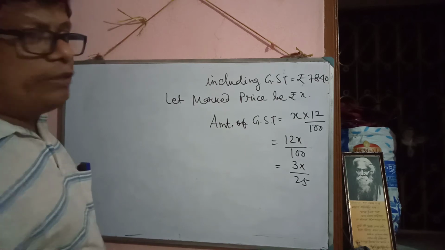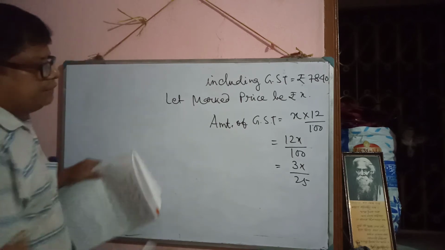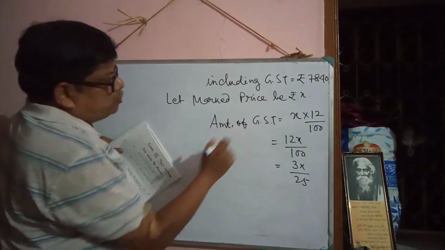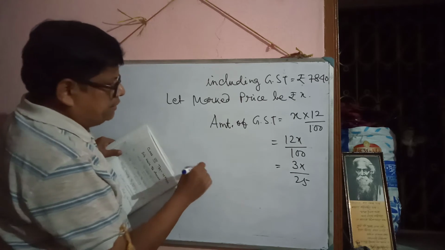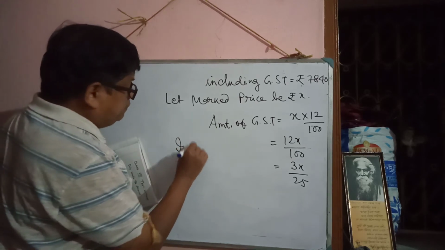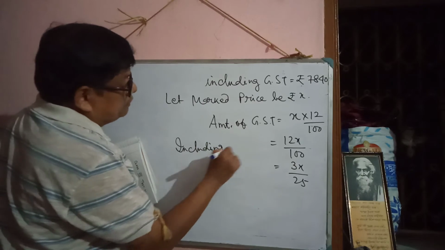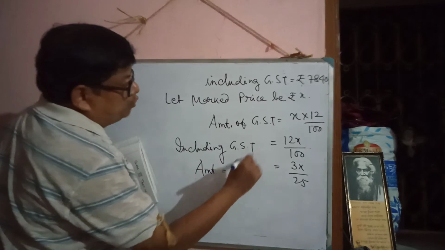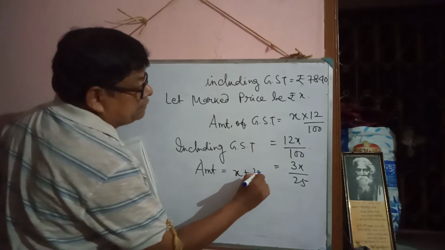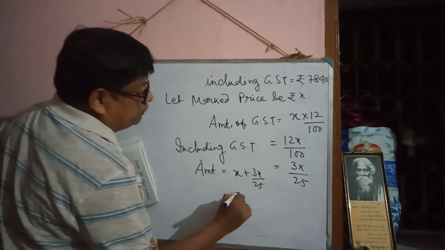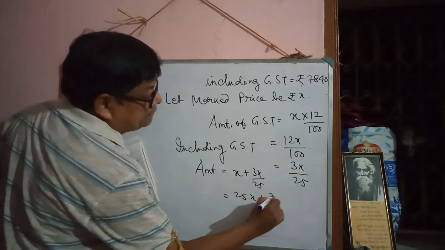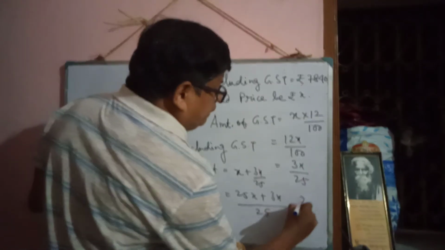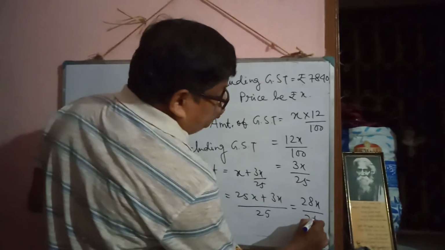So including GST, the amount will be x plus this part, the total selling price. So including GST, the amount equal to x plus 3x by 25. So this is 25x plus 3x by 25, so you can write 28x by 25.